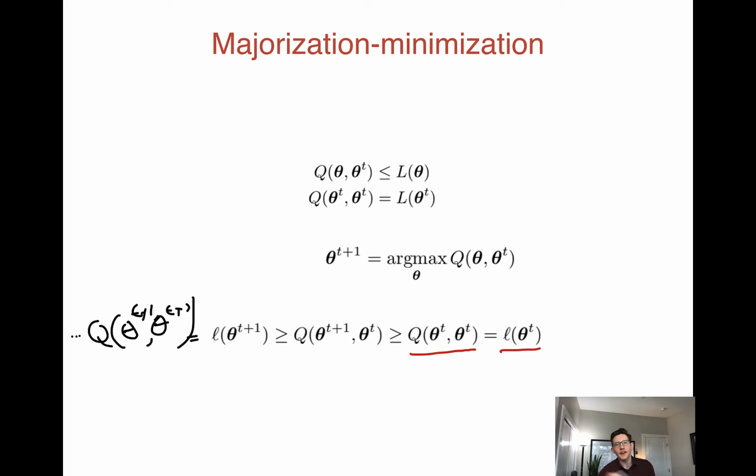If your gradient descent algorithm doesn't improve the objective from iteration to iteration, it could be because that is just doing what gradient descent is supposed to do, or it could be a bug in your algorithm. If that ever happens with majorization-minimization, you know it's a bug in your algorithm. So that turns out to catch lots of bugs. I know from personal experience, this is a very powerful tool when you're trying to debug an algorithm like this.